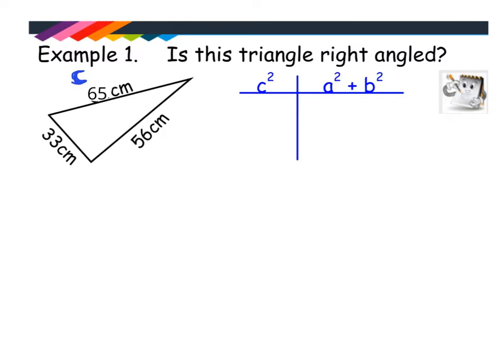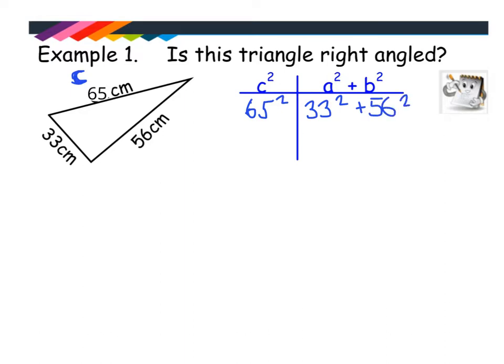So what we do is, I like to use a little table method, and it basically splits up the Pythagoras. We don't have the equals there, so we're splitting it into two parts. So we're going to find C squared, so we're going to write down here that that is 65 squared. And the other side will be A squared plus B squared, so this will be 33 squared plus 56 squared.